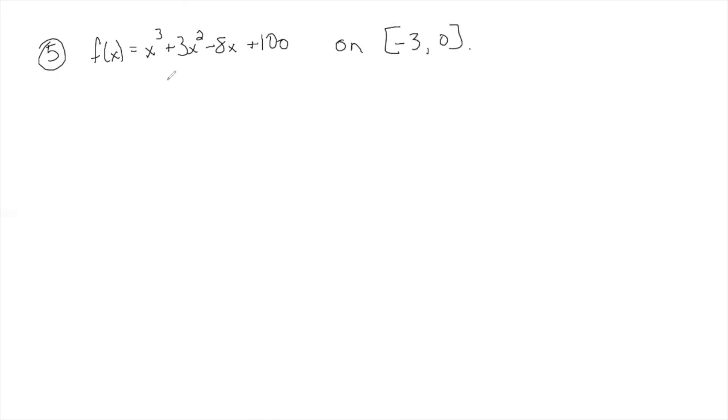So it's the same function as before, and I'm looking for absolute mins and maxes. But really, they're unique, so I should probably just say, right, there's only going to be one absolute min and one absolute max.